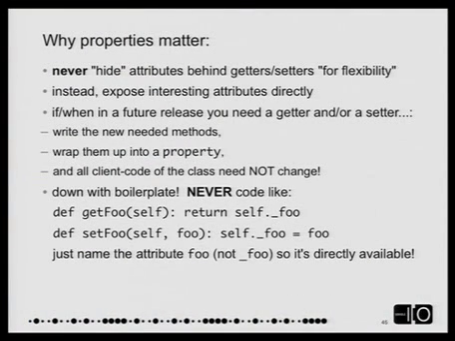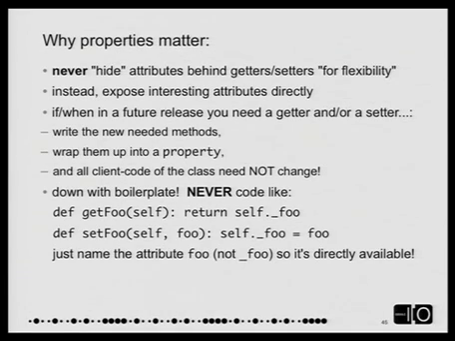Why am I dwelling so much on properties? Because there's a meme going around, particularly in Java, but to some extent in C++ as well, that you should not expose attributes. To keep flexibility, you should hide attributes behind getter and setter methods. Thanks to properties, this is useless in Python.